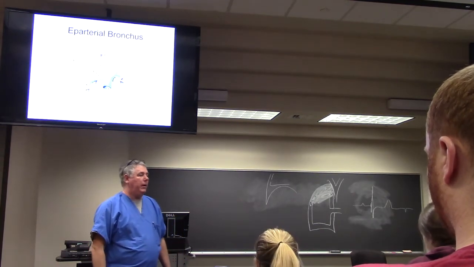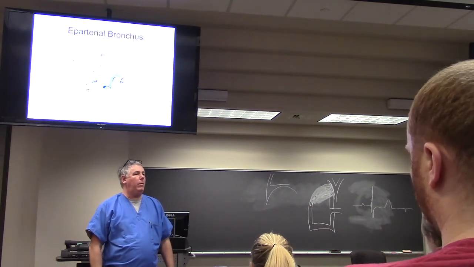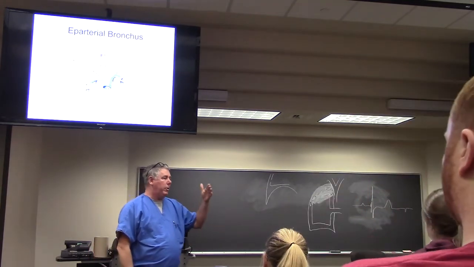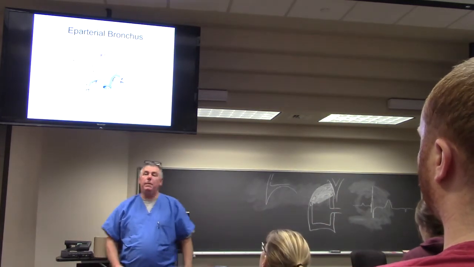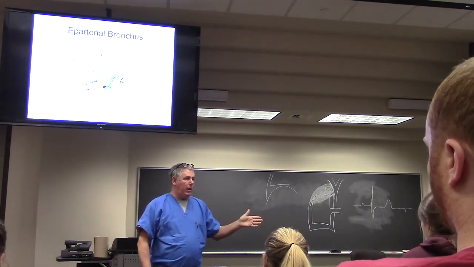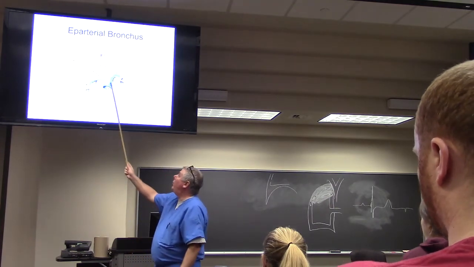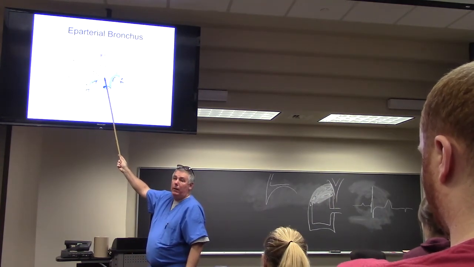And I put this in here not because of any clinical relevance, really. Actually, it does have clinical relevance when you're trying to interpret a chest x-ray. So you probably should know this. All of the lobar bronchi are inferior to the pulmonary arteries. Got right and left pulmonary arteries right here.